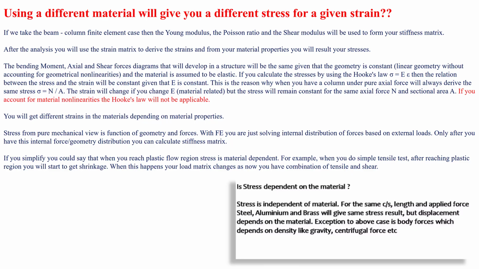If you consider the plastic region, a combination of tensile and shear force will take place, and material shrinkage will happen. So Hooke's law will not be applicable there, and the stress results will start to vary. So this is the explanation for this question. I hope it's clear.